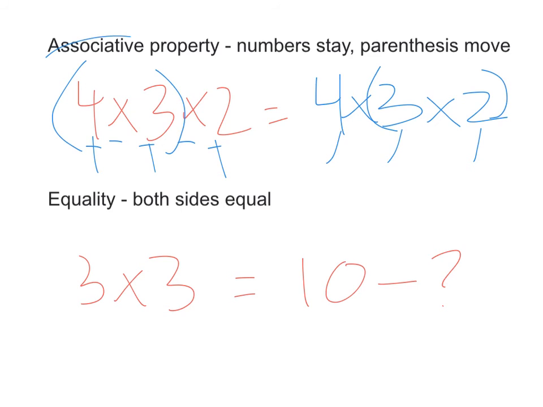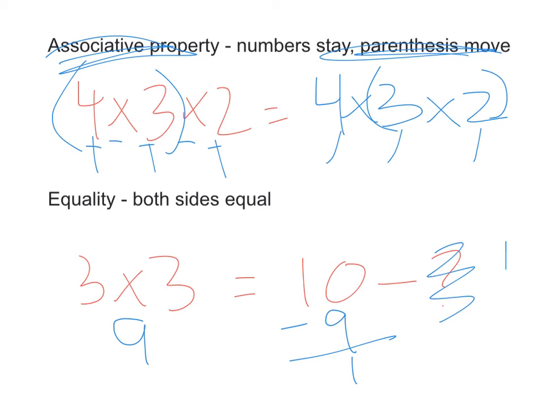You see they're here, here, over here, they move. Equality means both sides are equal. So if we've got 3 times 3, which gives us 9, and 10 minus question mark, well, we need to figure out what gives us that question mark. So I'll just subtract 9 from my 10, give me 1, and that question mark becomes a 1. And then I'll check this. 10 minus 1 is 9. They're equal.